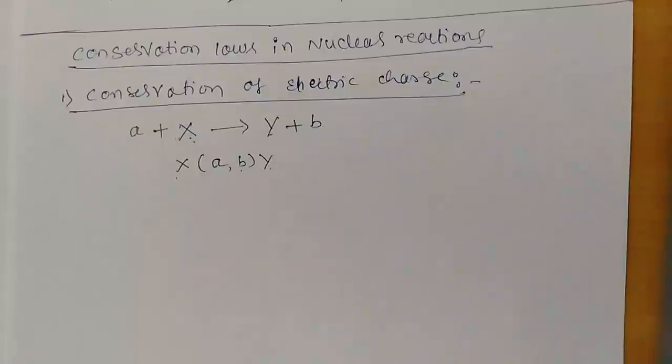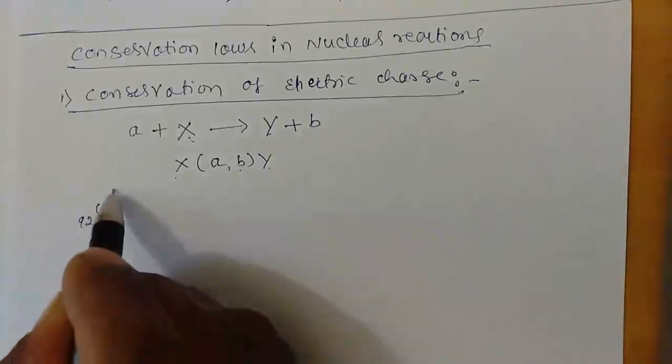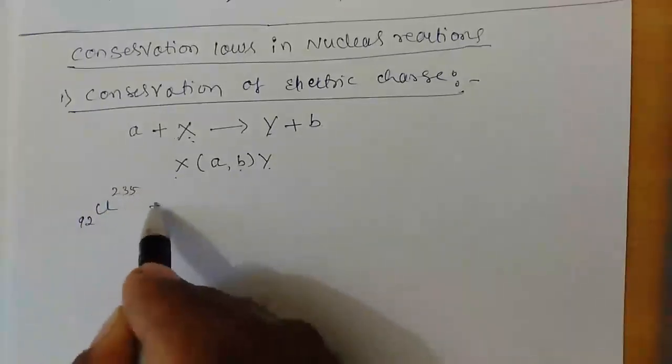It may be a target nucleus, a projectile, a product nucleus that is formed, or the residual nucleus and the ejectile. Everything is a charged particle, right? So let us look into a simple nuclear reaction equation: uranium 92-235 plus a neutron.